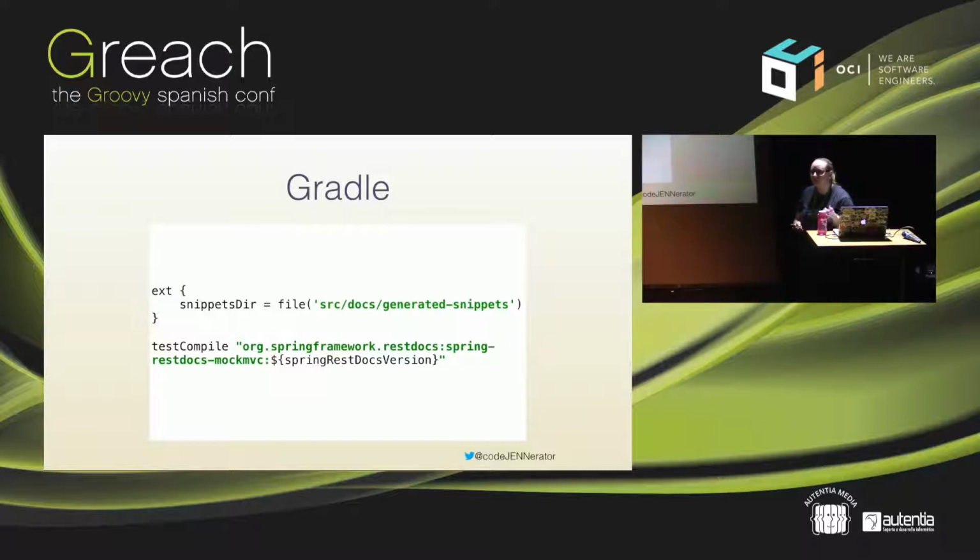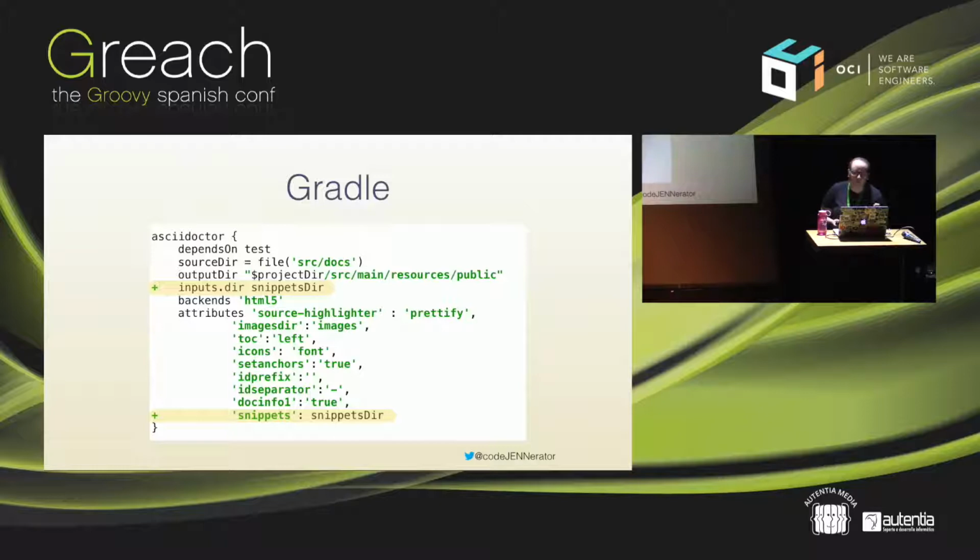So there's a different one for Rest Assured and mock MVC, which keeps these a little bit smaller so you don't have to include everything. The important thing in the ASCII doc task configuration is how to include these snippets and where it's going to find them.